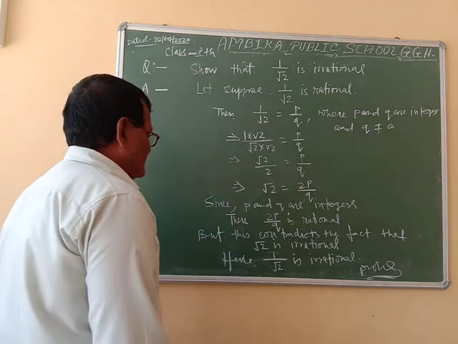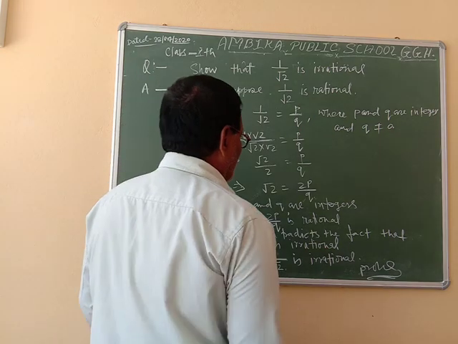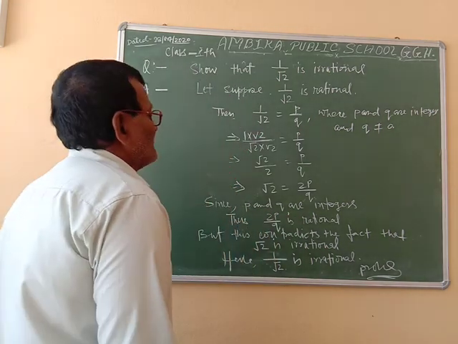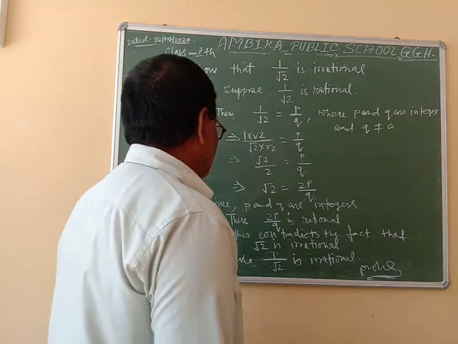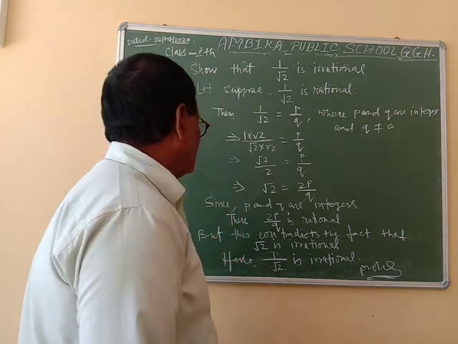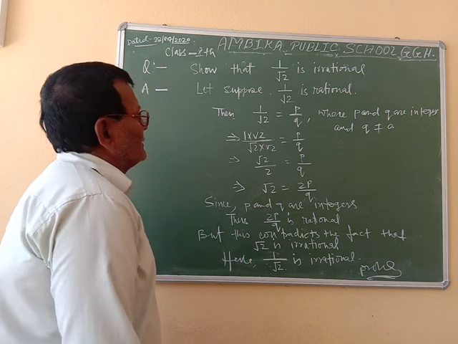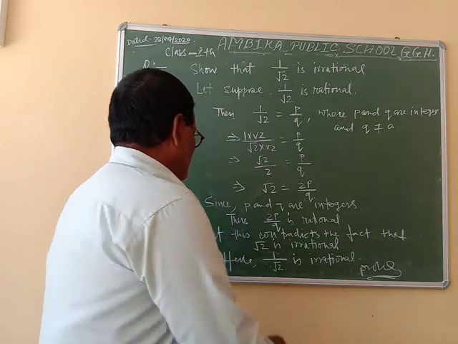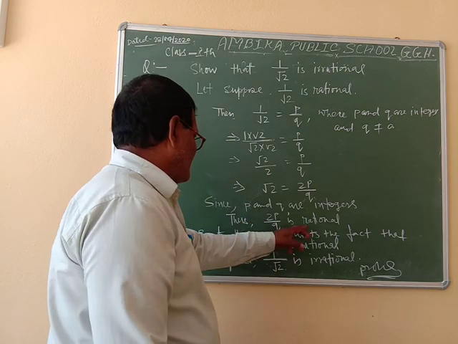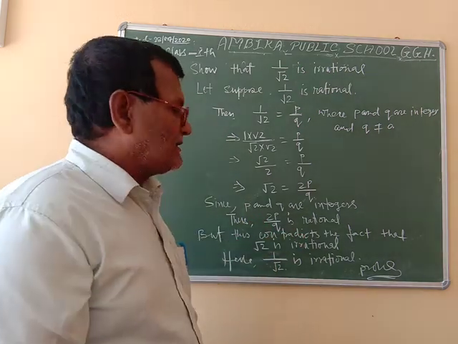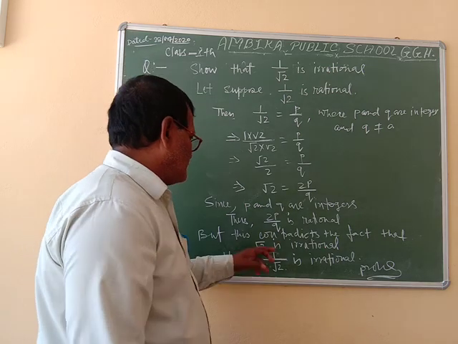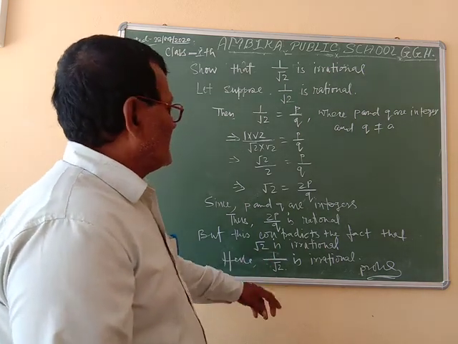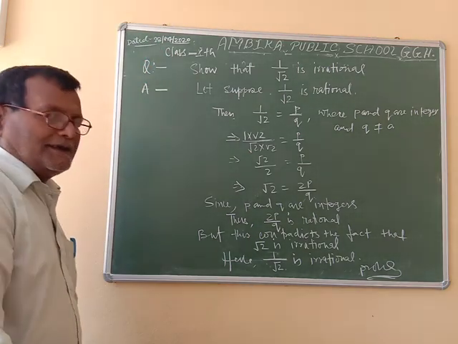Here we see that p and q are integers. Since p and q are integers and q is not equal to 0, thus 2p by q is rational, but this contradicts the fact that root 2 is irrational. Hence 1 by root 2 is irrational.